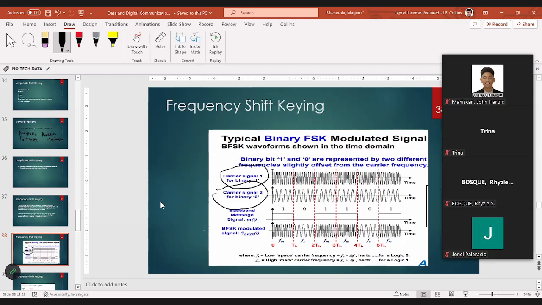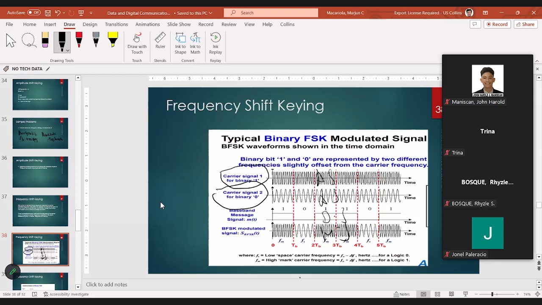Okay? So this is the sinusoidal wave. Okay? In terms of time. Okay? Yung baseband message signal ay in terms of, these are analog signal, this is digital signal, and this is your modulated signal.